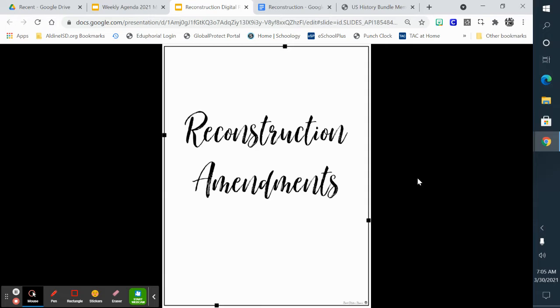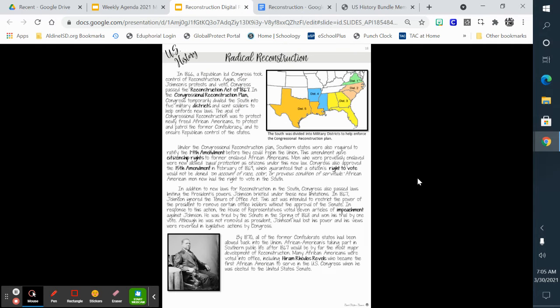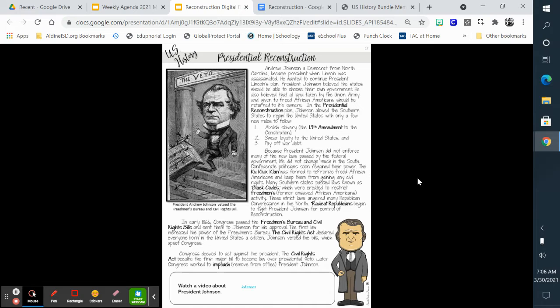I want to key in on some of the important people whom you looked at yesterday. So let's go back just a little bit into yesterday's lesson. There were three important people that we talked about yesterday, and I want to make sure that we key in who those were.